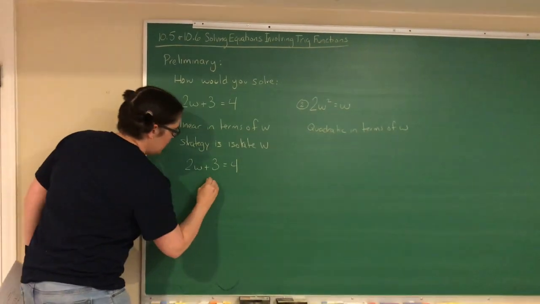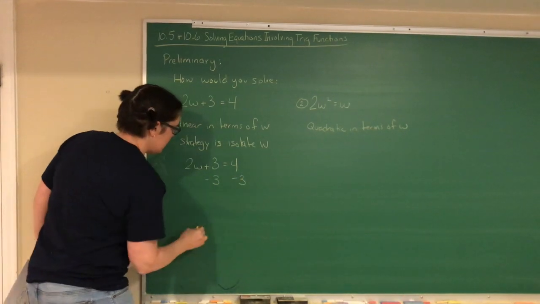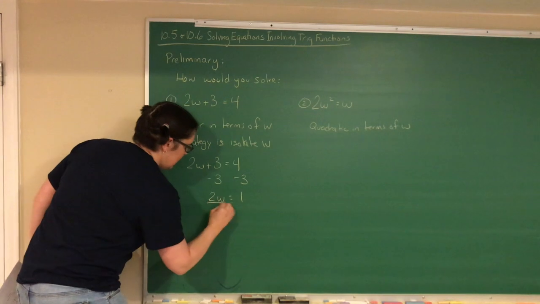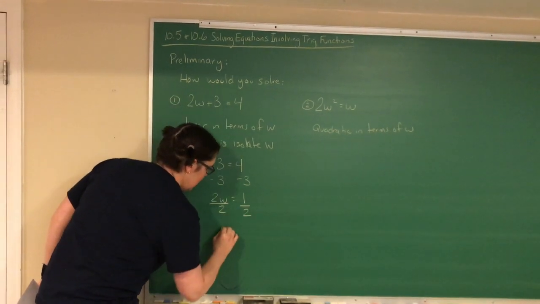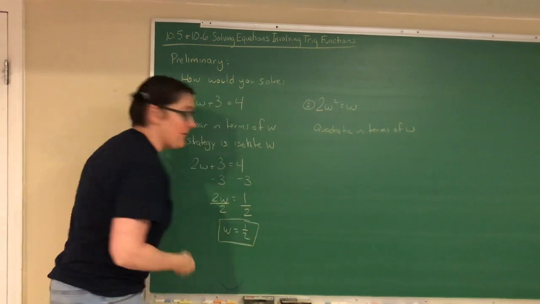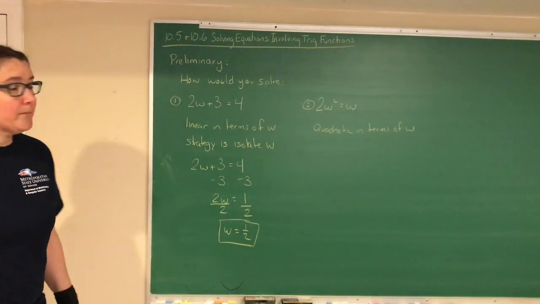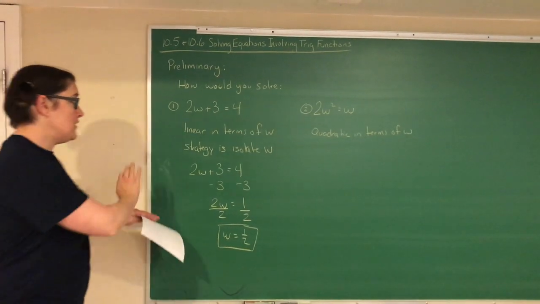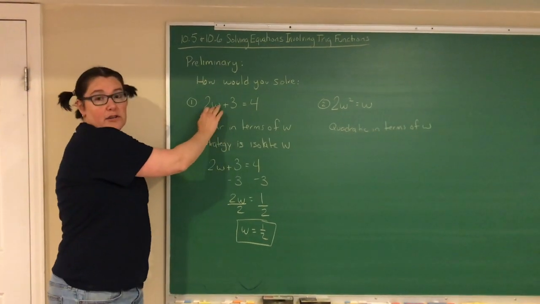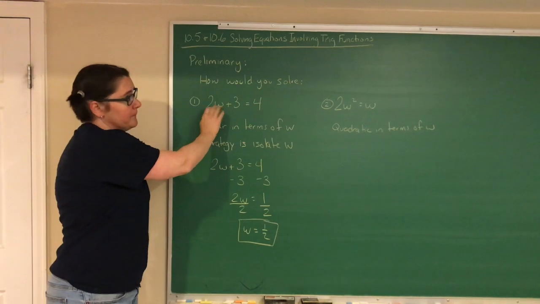For example, I can subtract 3 from both sides, so I have 2w equals 1, and then I can divide both sides by 2, and we get that w is equal to 1/2. And that's how we would solve that equation. The strategy, again, for a linear equation is to isolate that unknown, that variable that we're looking for.